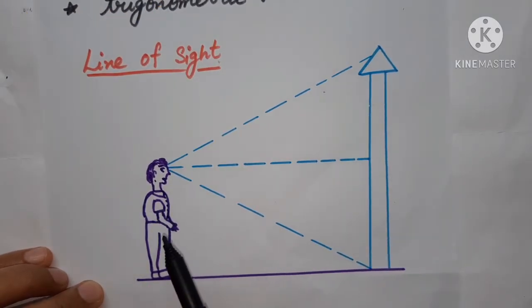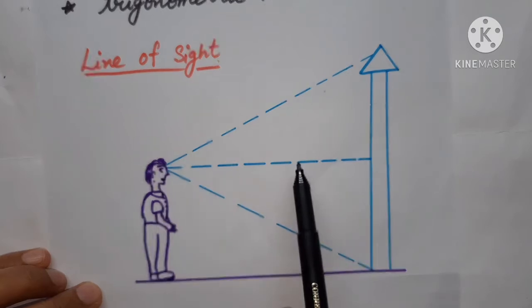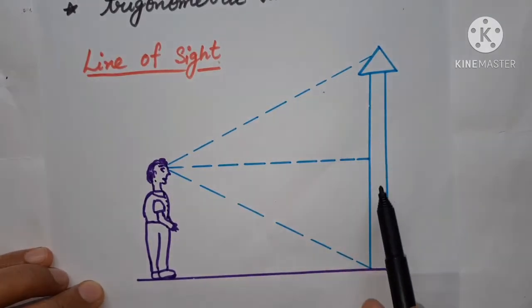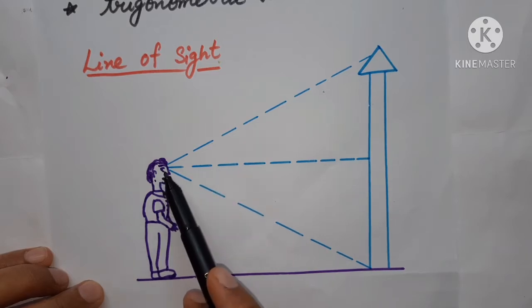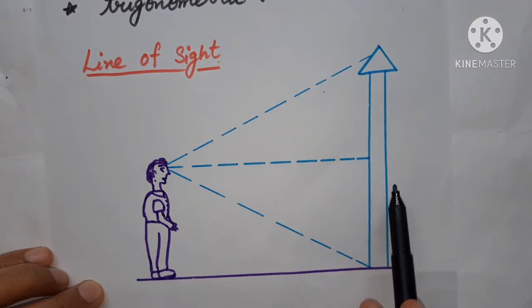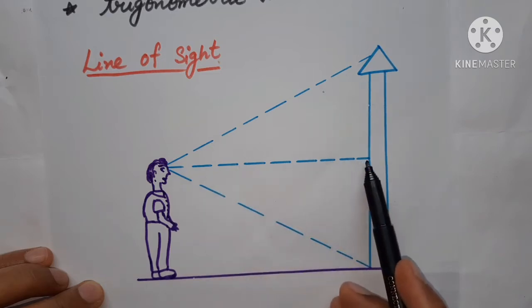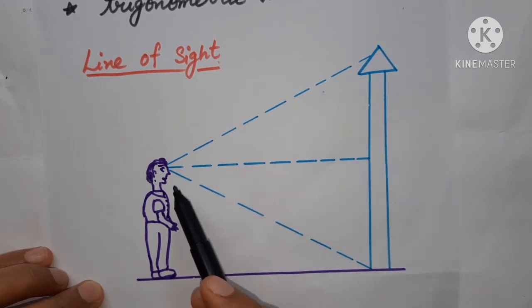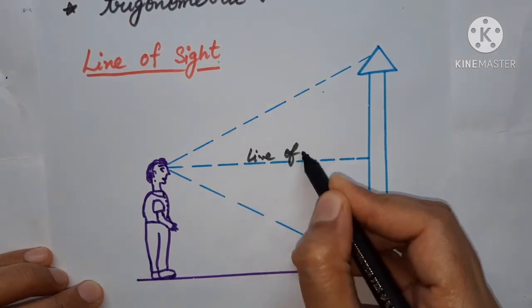Line of sight means a line that is drawn between the eye of the observer and the point on the object viewed by the observer. It means the line between the observer's eyes and the object. Suppose this person is looking directly here. So this is the line of sight in this case.